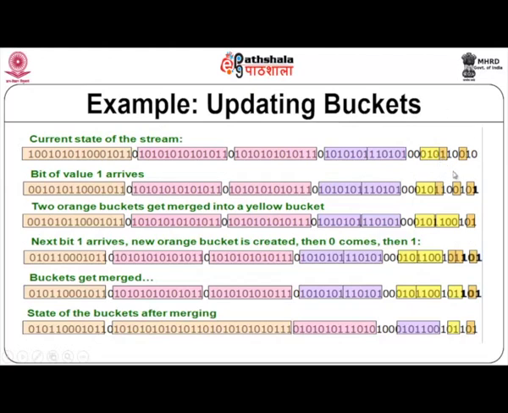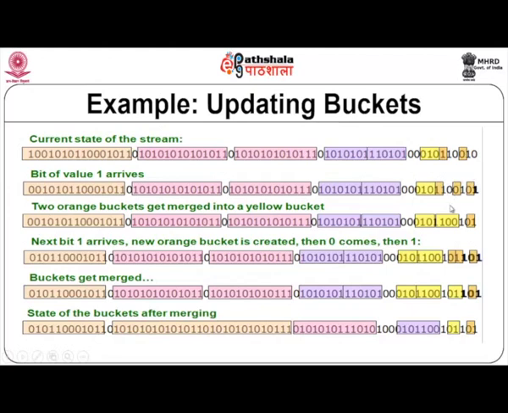Now, when a new bit value 1 arrives, you will have to create a separate bucket for this value 1. And now a scenario comes into picture: already you have 2 buckets of size 1 and now you have one more bucket of the same size. Therefore, 3 buckets of the same size arise.